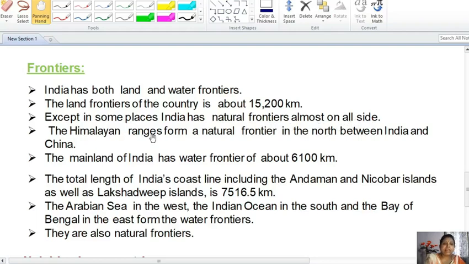The Himalayan ranges form a natural frontier in the north between India and China. The mainland of India has a water frontier of about 6,100 kilometers.